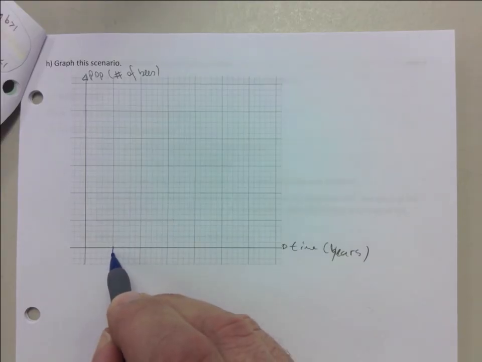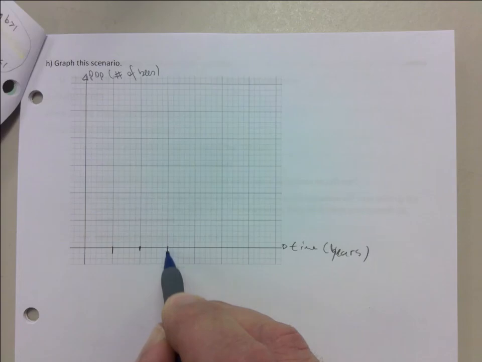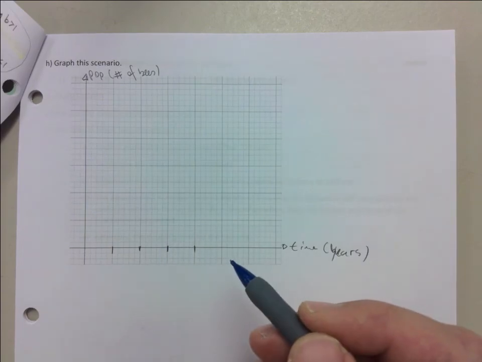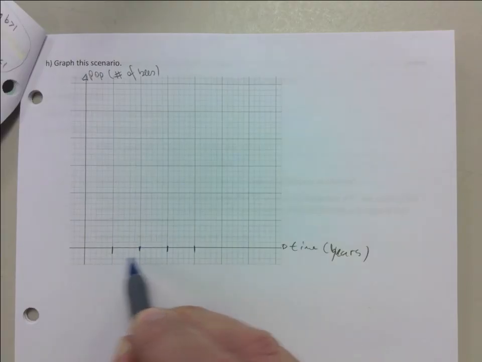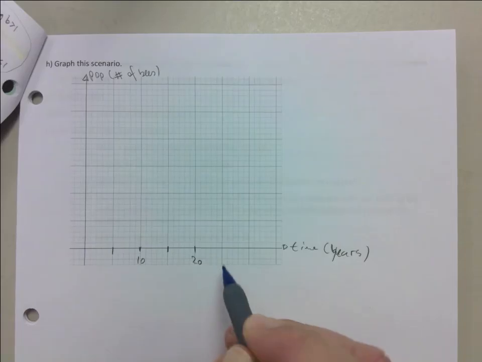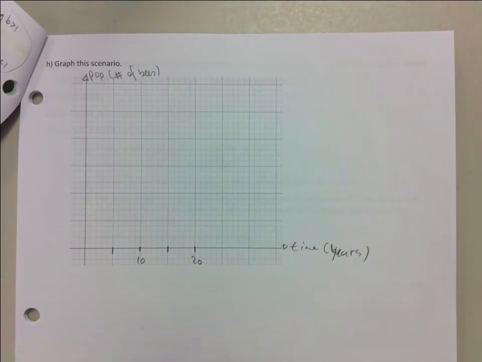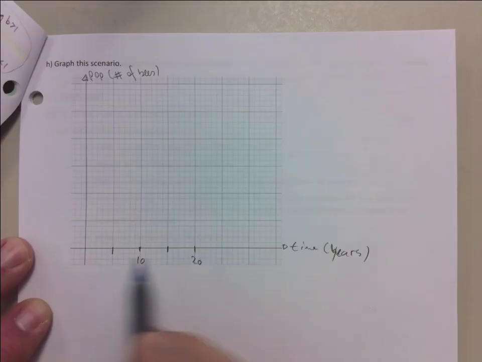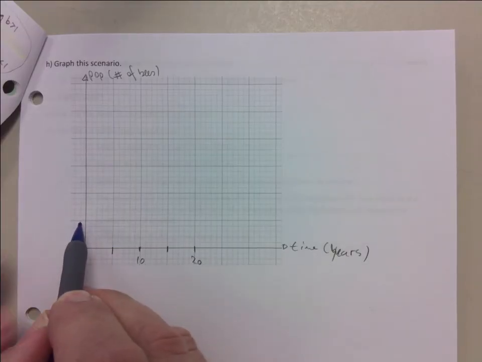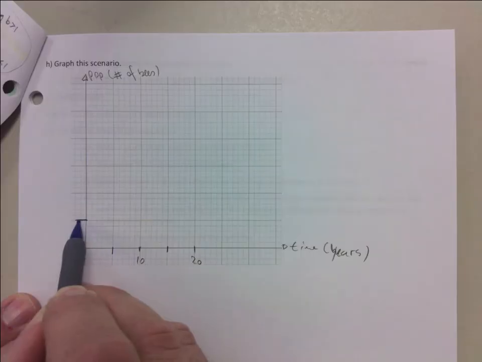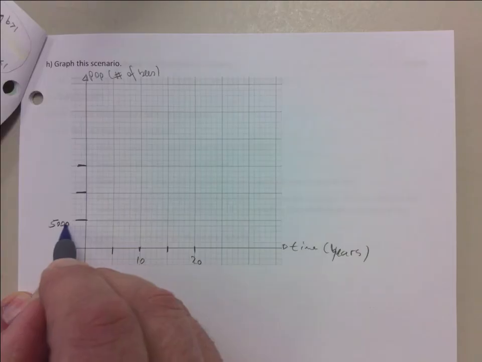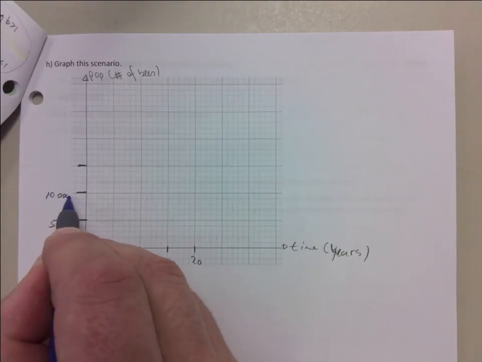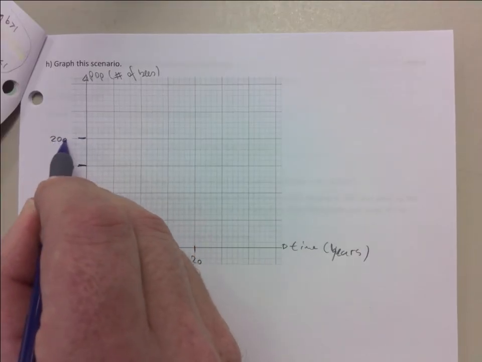So let's try here. 5, 10, 15, 20. Yeah, I'm just going to leave it like that. I could have probably done better than that, but I'm just going to leave it like that. That's consistent. And I need to go all the way up to 15,000. So I'm going to go 5,000, 10,000, 15,000, and you can do a 20,000 if you like.